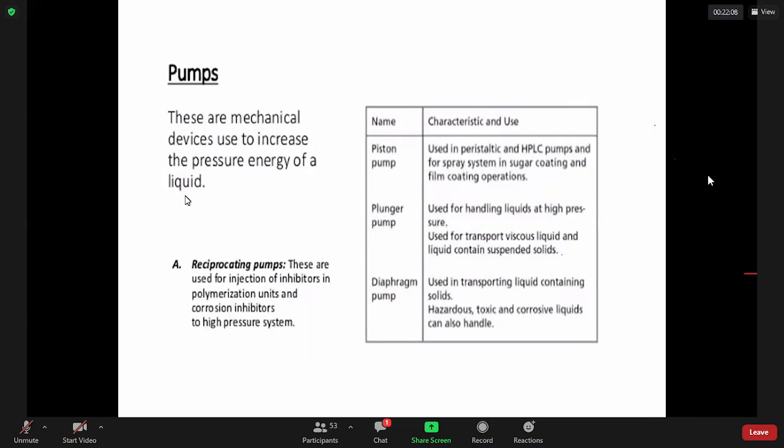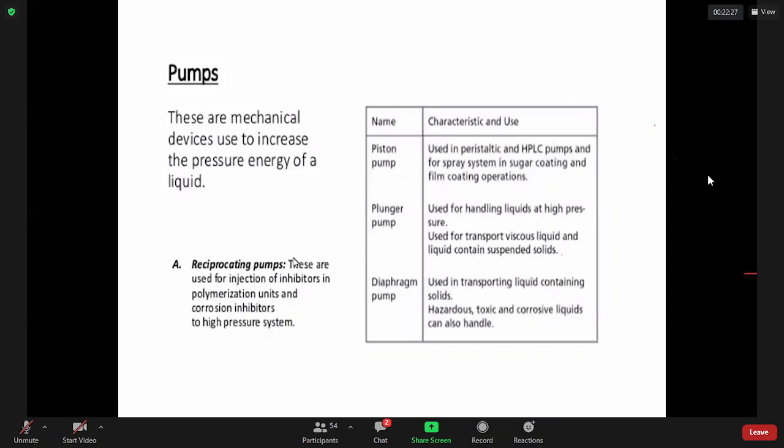So that is the pump that we use. The different devices, the different constituents of pumps are given in here. And when you read, you'll be able to understand how actually these particular pumps operate.